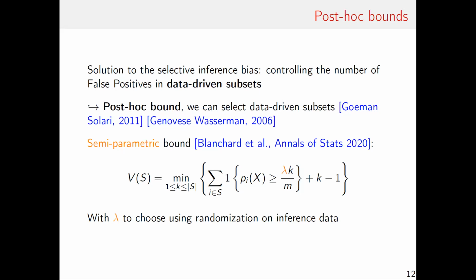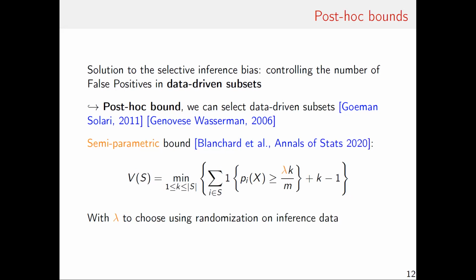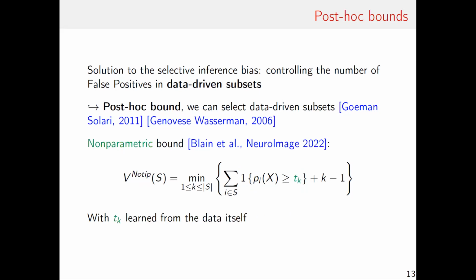And now, what I'm presenting to you today is Notip, which we have published in NeuroImage in 2022, where we achieve a completely non-parametric bound, in the sense that instead of using a linear family, so lambda k over m, with lambda to tune using randomization, we use a t_k, which can be potentially non-linear, which can be of arbitrary shape, which is not restricted to a parametric family, and we learn t_k from the data itself.